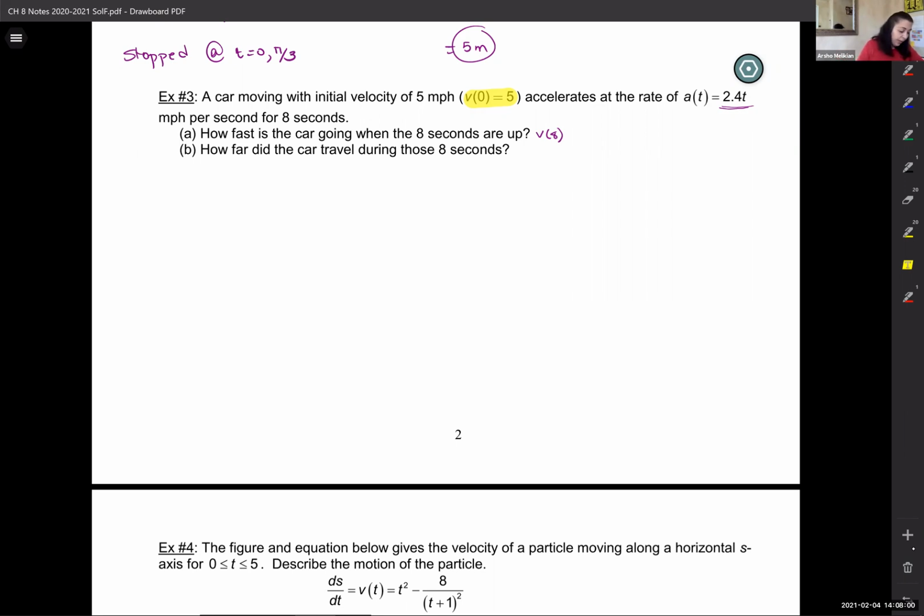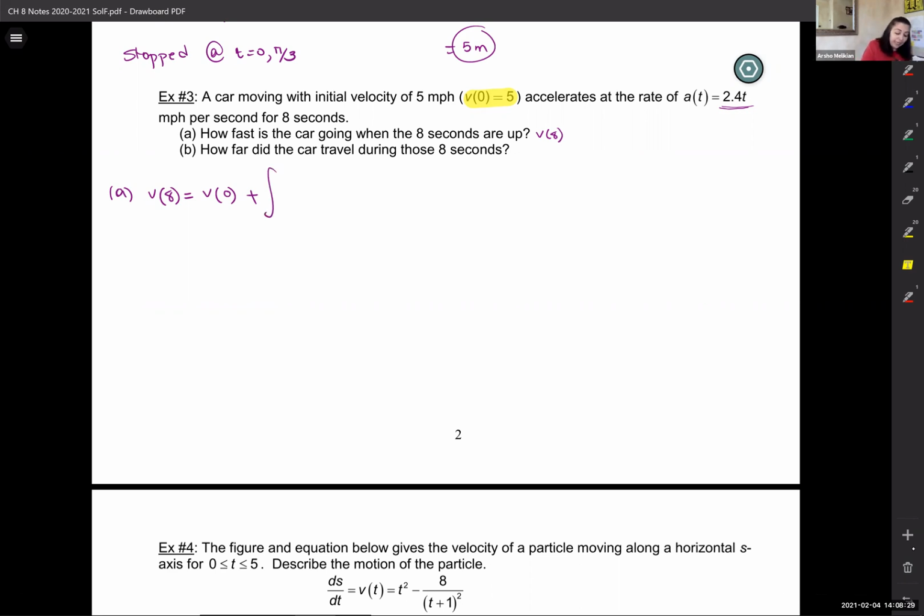So for part A, if we want v of 8, the velocity 8 seconds from now, first we start with the initial velocity, plus we want to know how much the velocity changed. How much something changed, that's the integral.